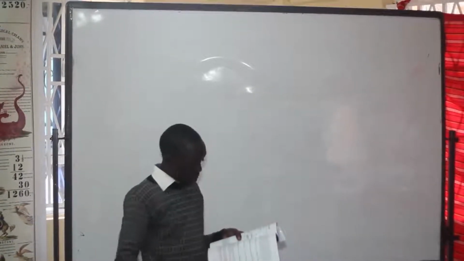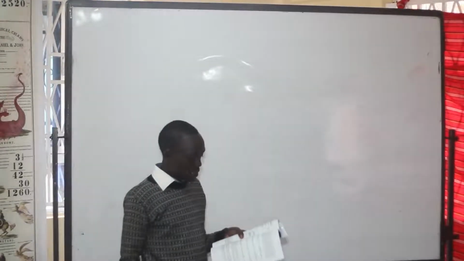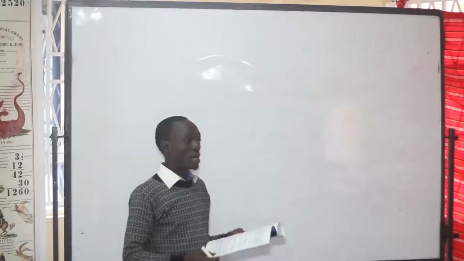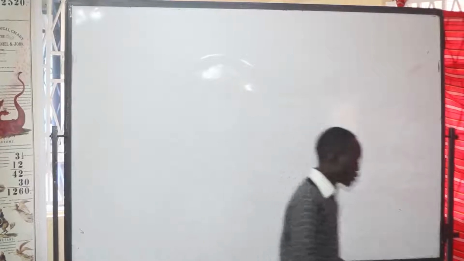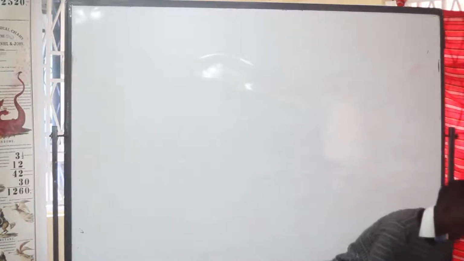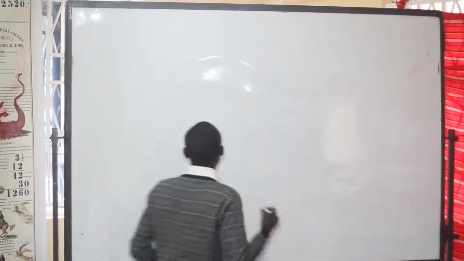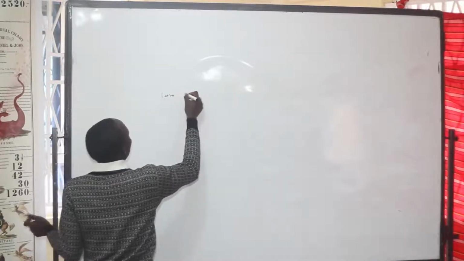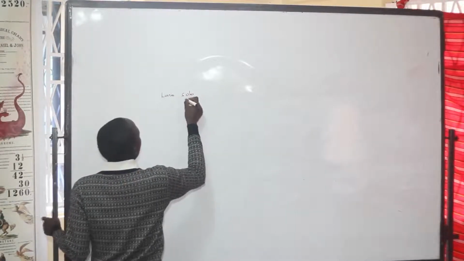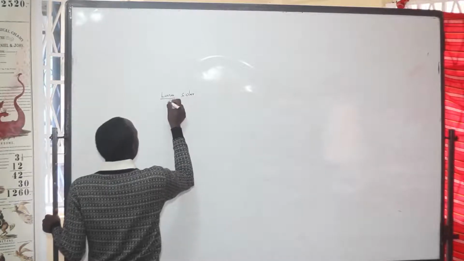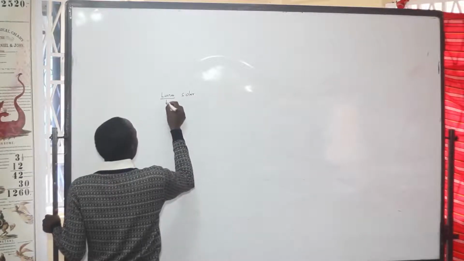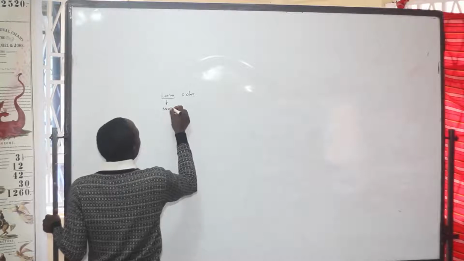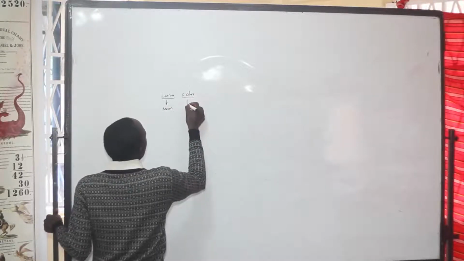It says, the Hebrew calendar is a lunisolar calendar. So I want us to explain what that means. We are told that the Hebrew calendar is what type of calendar? A lunisolar calendar. Now lunar just means what? Moon. And solar means sun.